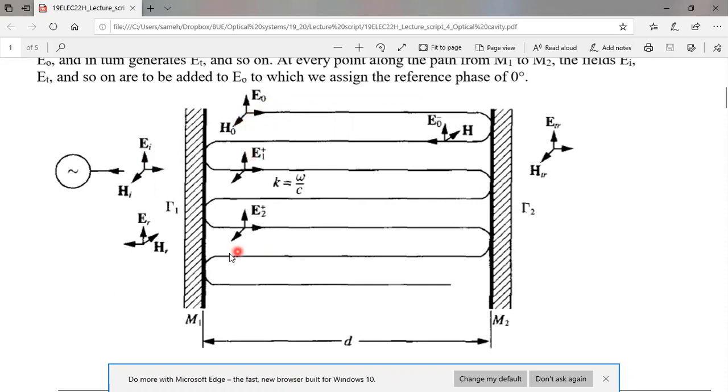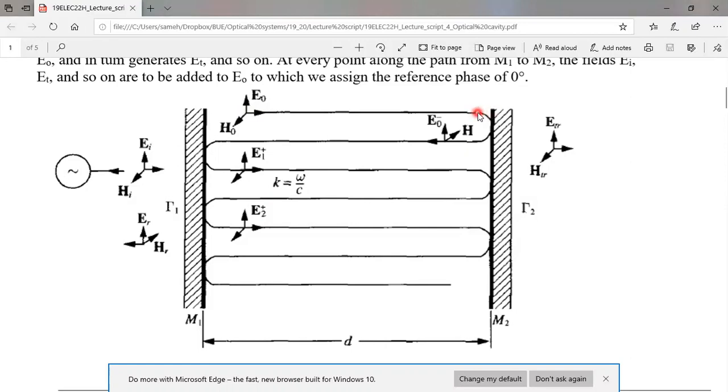If this cavity has a dimension of d, then when the light reaches this point, it will have an electrical field equal to E node multiplied by exponential minus j k d.